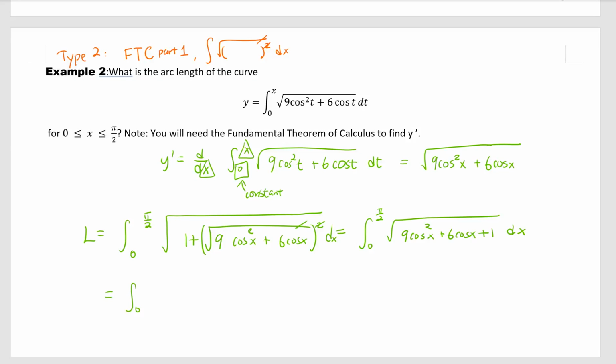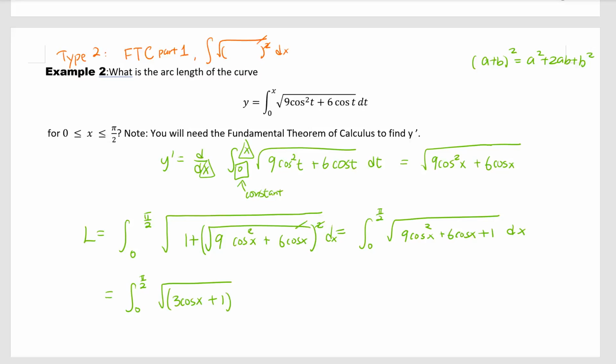And can you see what happened? Well, this is actually a perfect square. So what is a perfect square? Well, a plus b squared is a squared plus 2ab plus b squared. So 9 cosine squared x is (3 cosine x) squared. And the 6 cosine x is like 2 times 3 cosine x times 1. And 1 is like 1 squared.